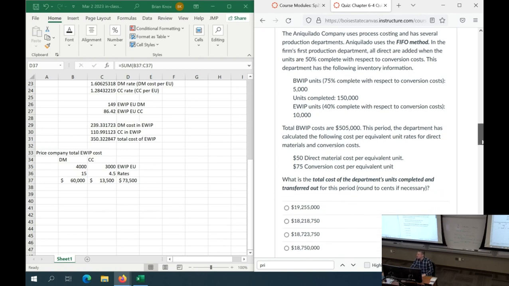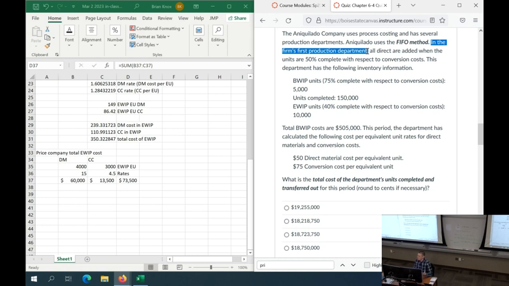All right. So the Aniquilado company uses process costing and it has several production departments. Aniquilado uses the FIFO method. In the firm's first production department, all direct materials are added when the units are 50% complete with respect to conversion costs. All right, so it's a dumpling problem. Also, I've given you a picture of where we are, the first production department.